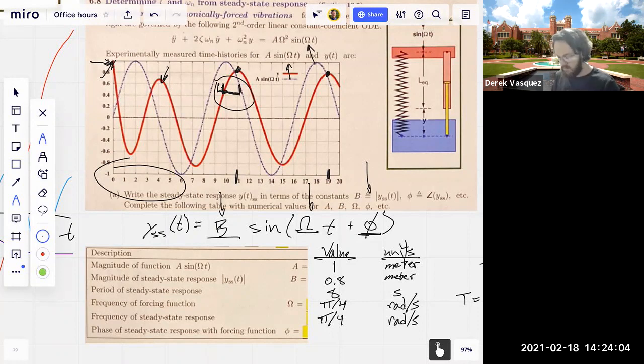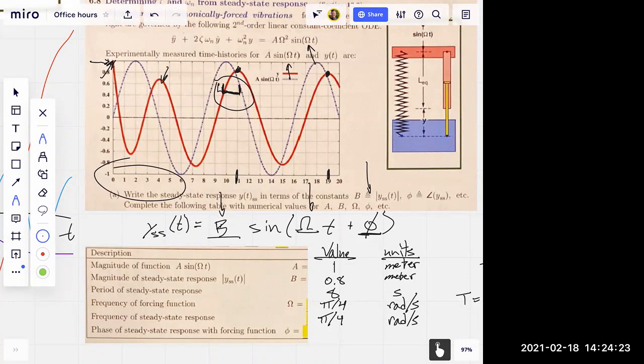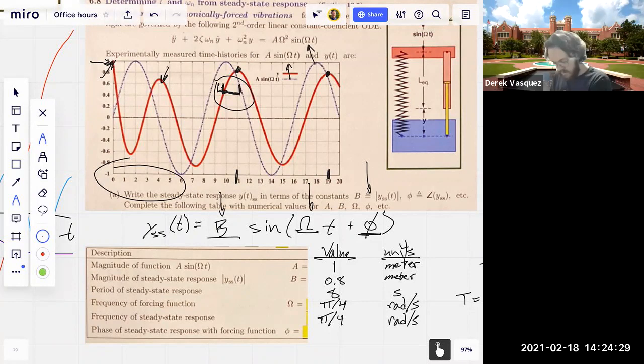So let's go find an equation that can help us with that. Do you happen to remember any equation that will help us relate seconds to radians in this case? That is okay. Let's see here, harmonic forcing.